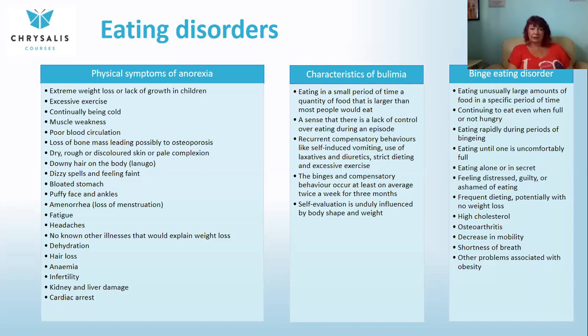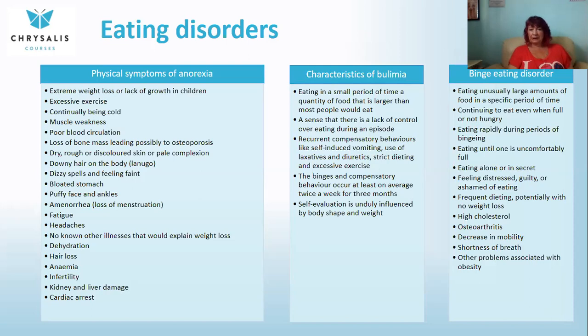So here on the left of the screen, you can see the physical symptoms of anorexia, which are vast. You know, there can be extreme weight loss and lack of growth in children. They might be continually cold because they haven't got enough fat on their bodies. There can be muscle weakness because their muscles aren't strong enough.